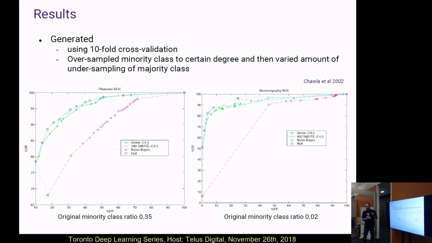So then what are the different points? It's the same thing, right? You can change your balance of the majority class. So they didn't change the balance of their minority class, but they still changed the balance of the majority class.